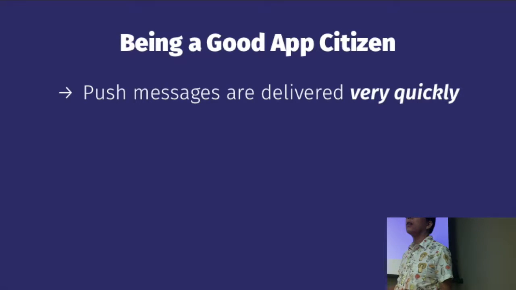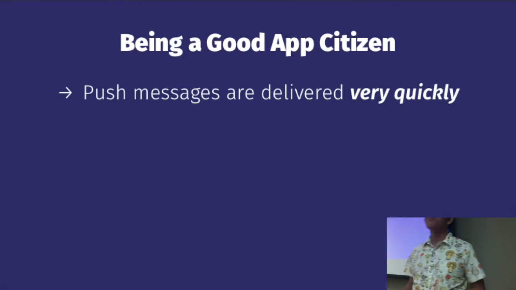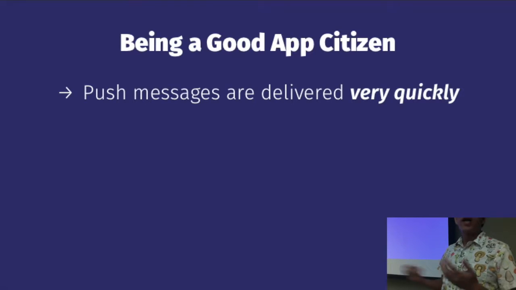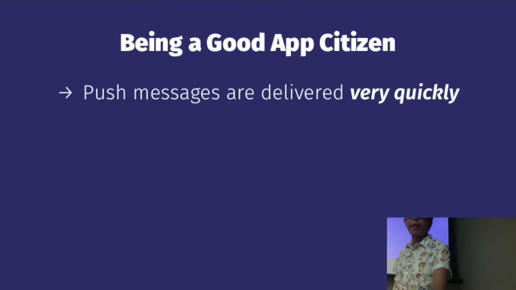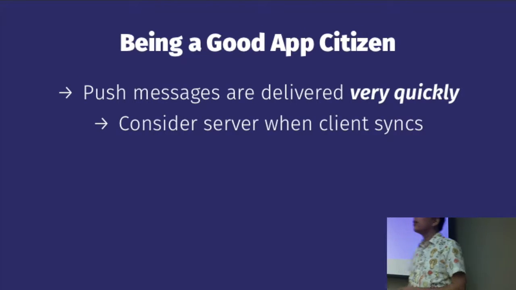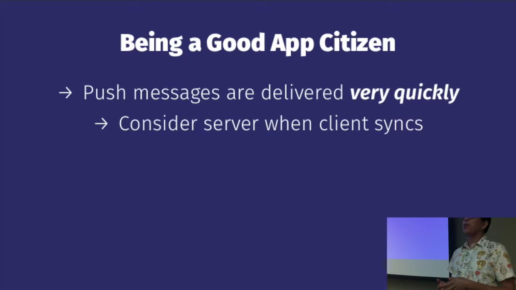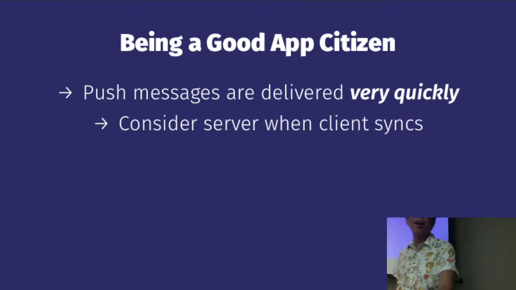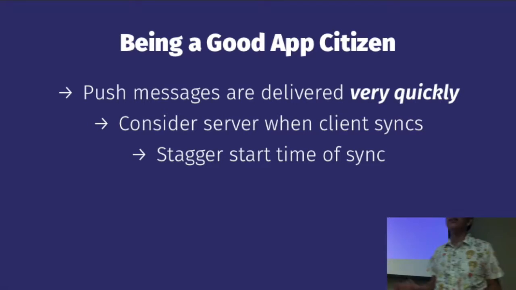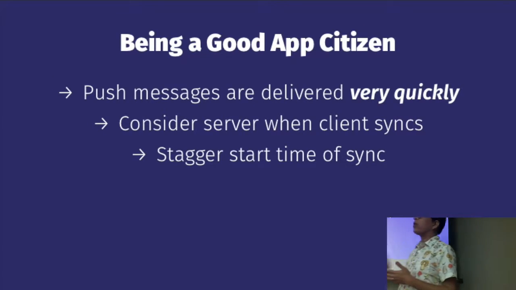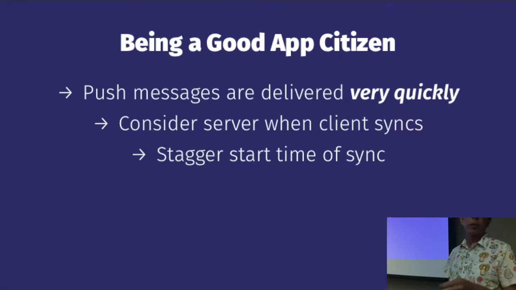If the device is online and the network is up, you'll get those right away. But what happens when all of your app instances get the notification together and they decide all to sync with your server? Your server's not going to have a good time. You don't want to inadvertently DOS your own server. So you might want to stagger the start time so that they all don't sync at once. You can spread out the load on your own servers.